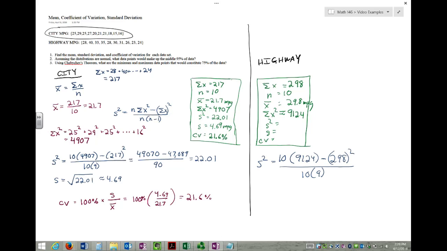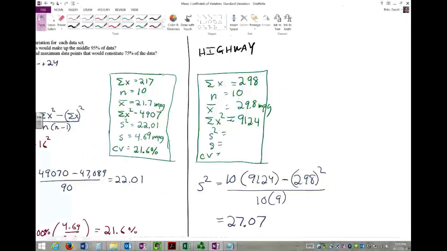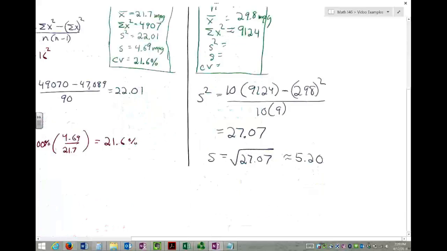So we have 91,240 minus 298 squared, that whole thing over 90. And we get 27.07. And then the standard deviation itself will be the square root of that, and we get 5.20.